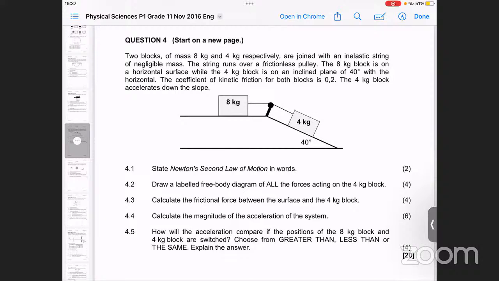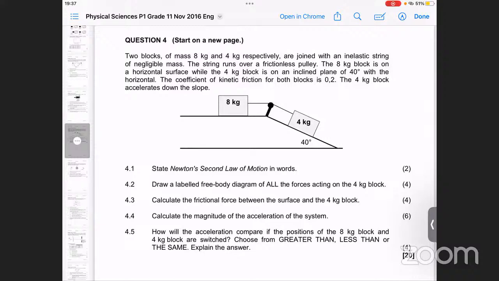this question. So here we have a question which says two blocks of mass 8 kg and 4 kg respectively are joined with an inelastic string of negligible mass. The string runs over a frictionless pulley.